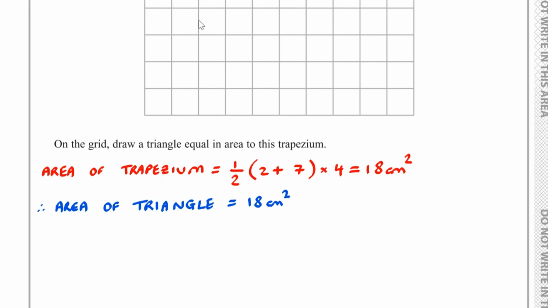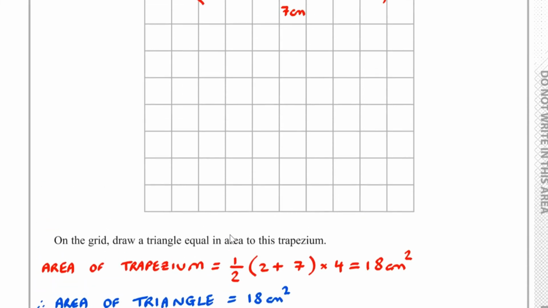So what we need are 2 numbers such that when we multiply them by 1/2 we get 18. So what we could have, for example, is 1/2 times 6 times 6, which is equal to 18. So we want a triangle with dimensions 6 centimetres by 6 centimetres.